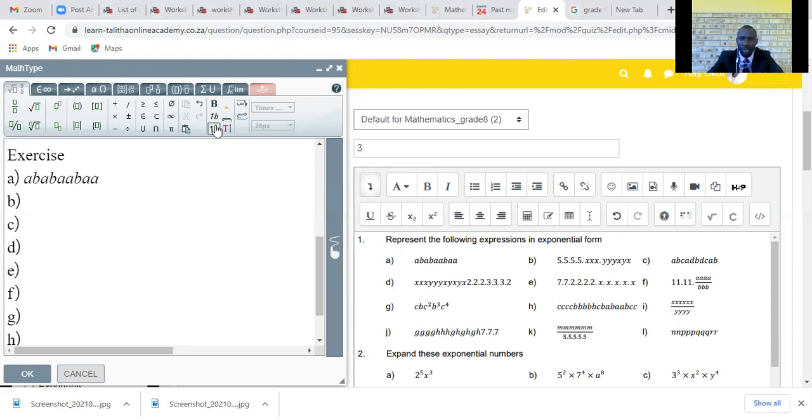The second question is having a 5 times 5 times 5 times 5.